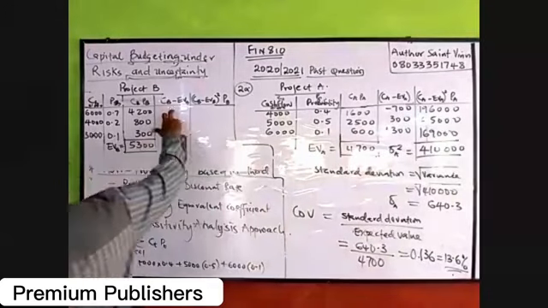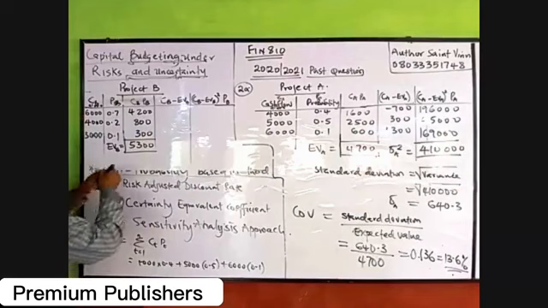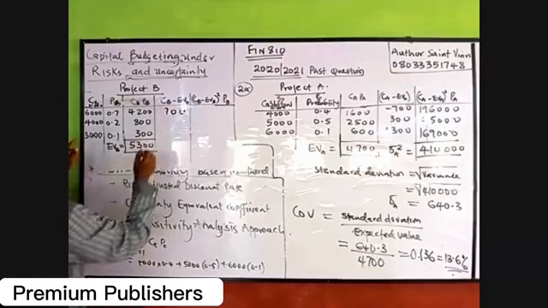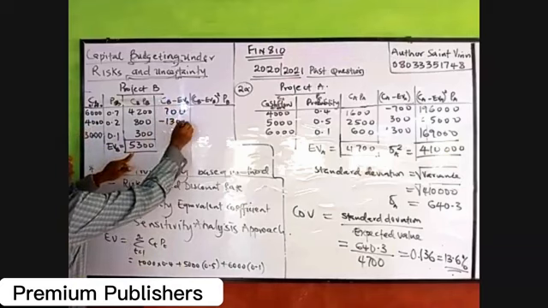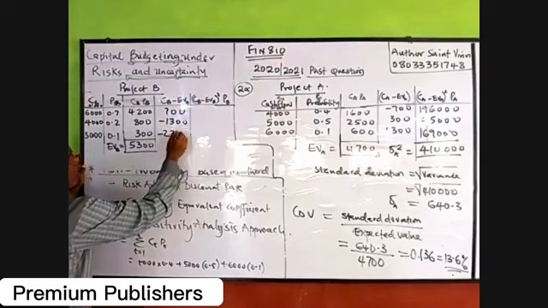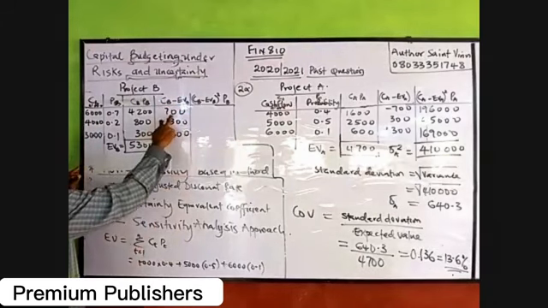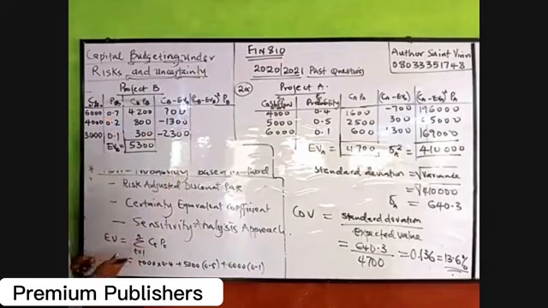This is what we call deviation in mathematics or statistics. The deviation will be 6,000 minus 5,300, that will be 700. 4,000 minus 5,300, 3,000 minus 5,300. We square this and multiply by 0.7.